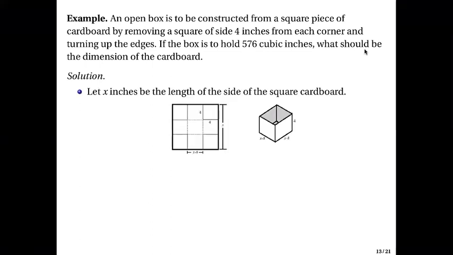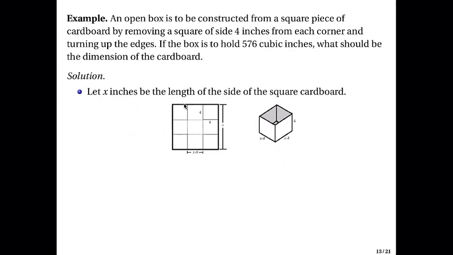So you look at this. You have a cardboard and then you remove 4 corners, squares of side 4 inches. Take note, you have a square cardboard. That's why this is a square also. So the length of this is x, the length of this is x. Okay?